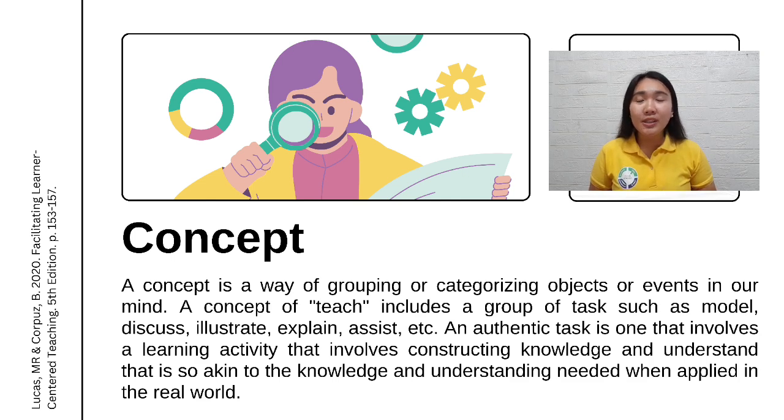We group similar objects, events, or ideas together based on their shared characteristics. This simplifies our understanding and allows us to make sense of complex information. Concepts are mental representations of these groupings. They're not physical things. They exist in the mind as abstract ideas.